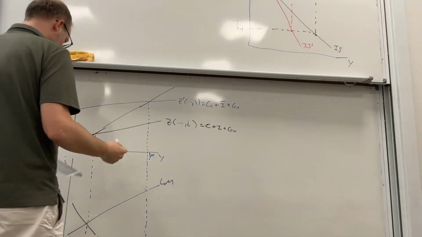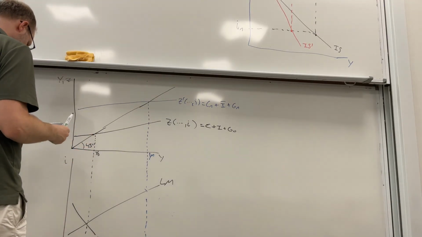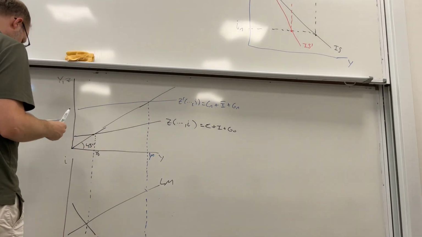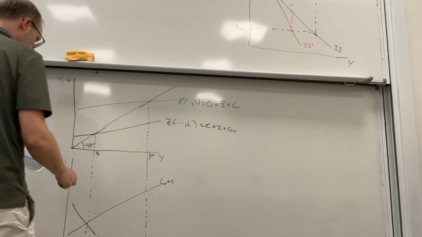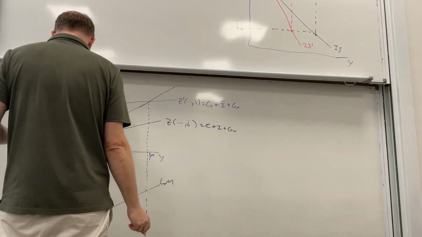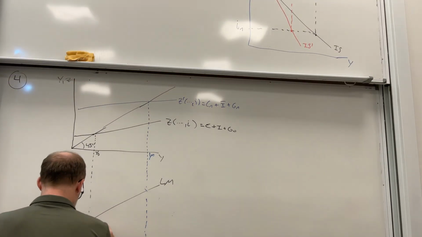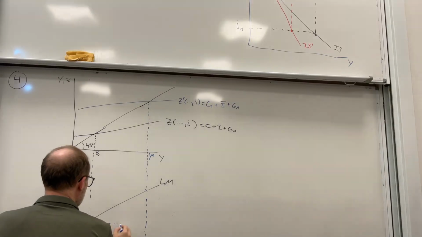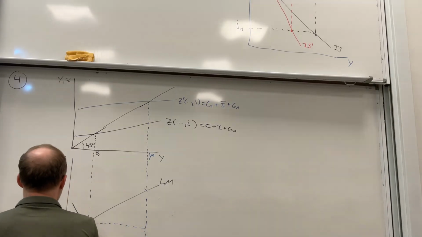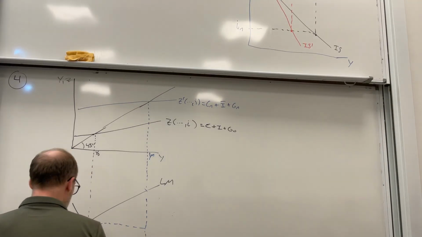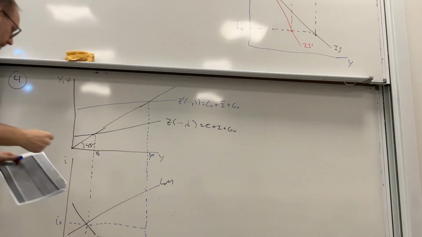This is the size of the multiplier that we would have if interest rates stayed constant at I0.